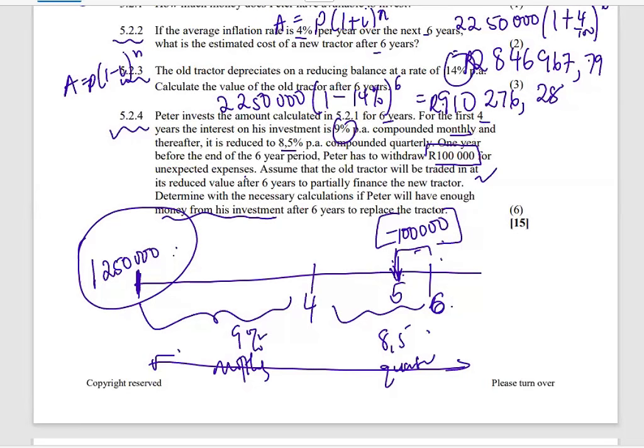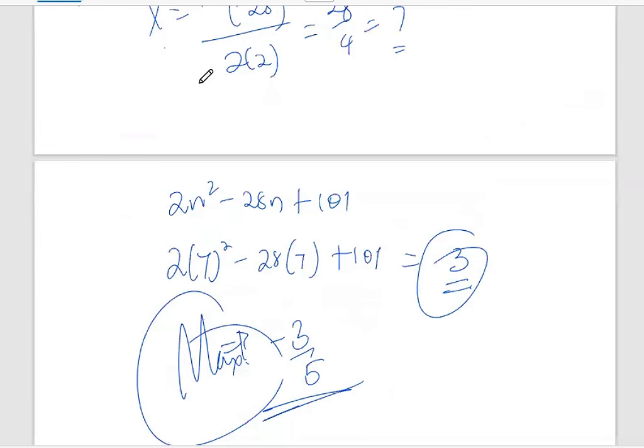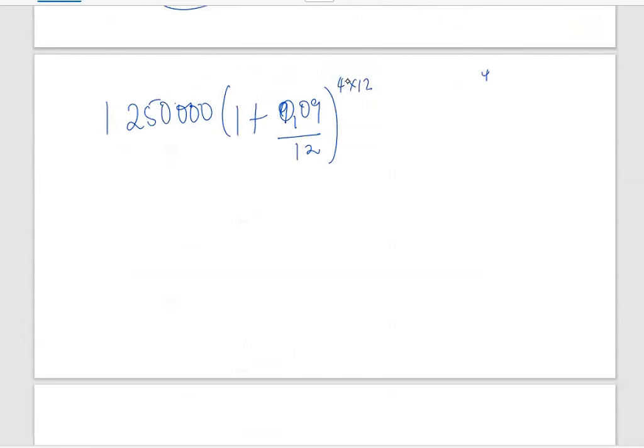I'm going to get the, do I have space there? No. So I'll say 1,250,000 into 1 plus. The first rate was 9% compounded monthly, so it's 0.09 over 12. Now it's going to go for the first 4 years, so this is 4 times 12.